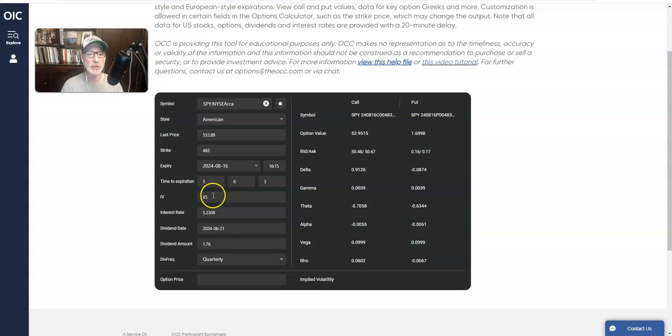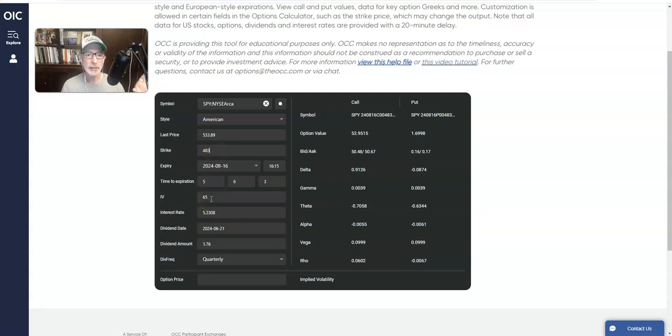It's a percentage number, you just type in 65, and we're going to look at this week's expiration, August 16th, this coming Friday. You can see the put option value, 50 points out of the money, is worth just about $1.70. So if you sold this put option, and these are the kinds of things that I do, you get $170 in your pocket. You've got 50 points of downside protection here in less than a week.